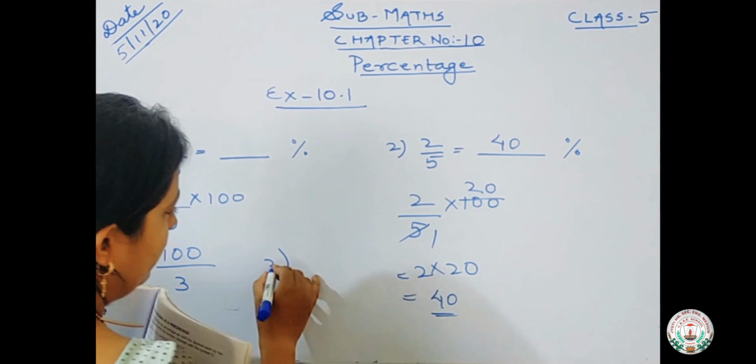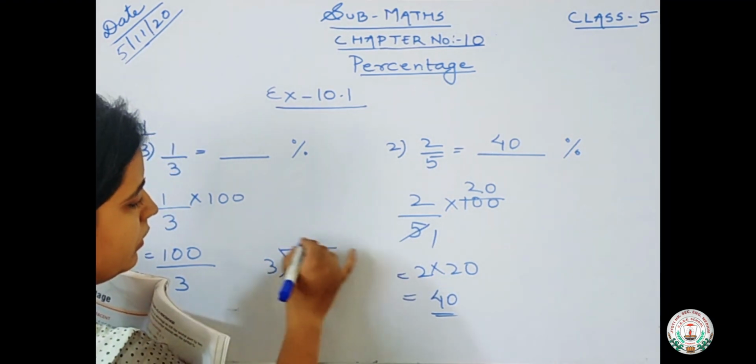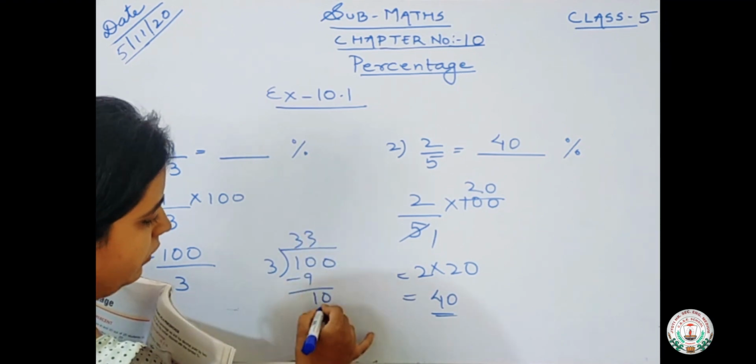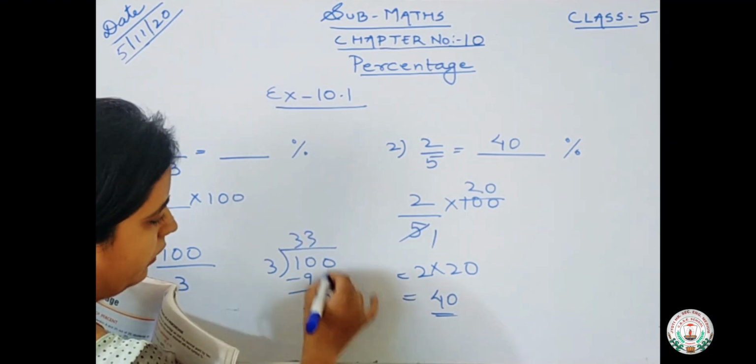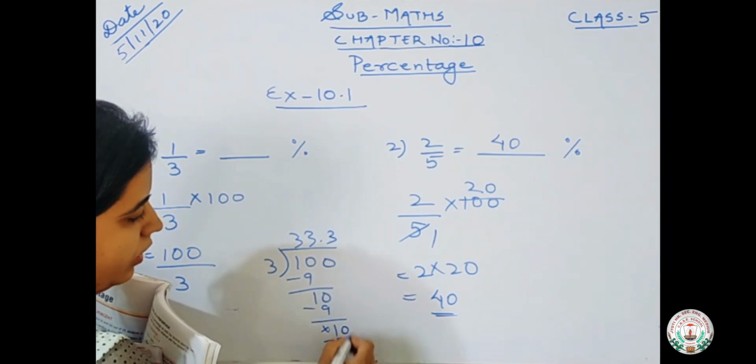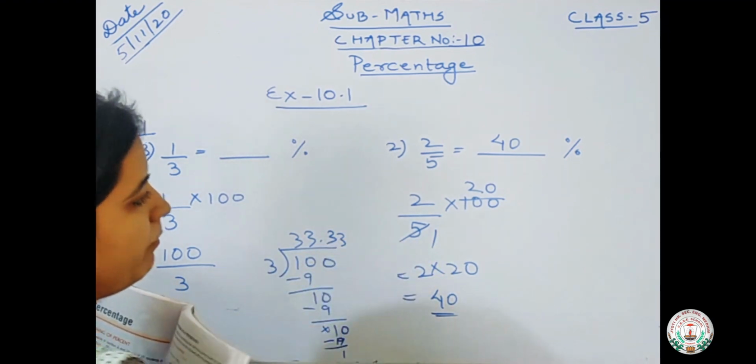So we will divide in rough. 3 3s are 9, minus 1. With the decimal we take 0. Again 3 3s are 9. Again 3, so this will repeat.